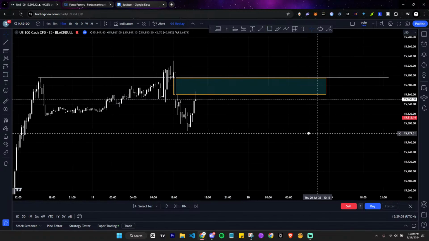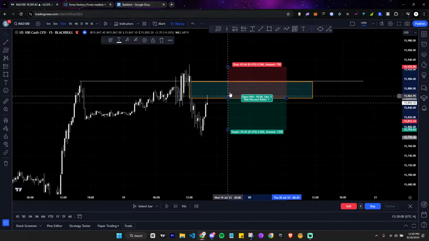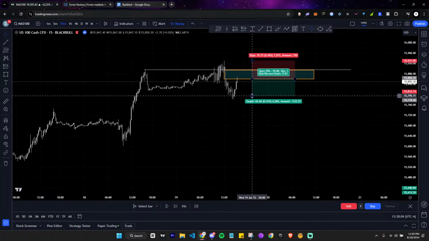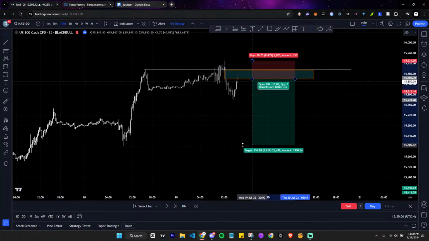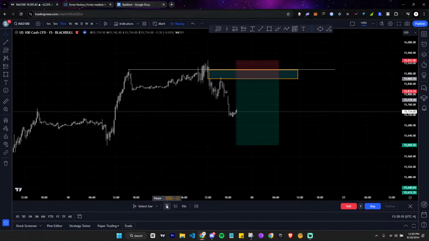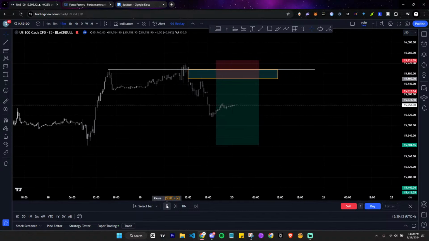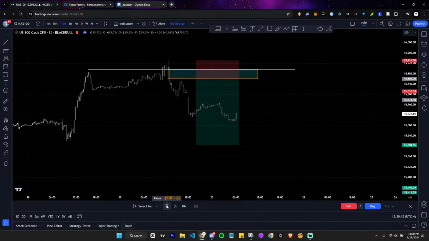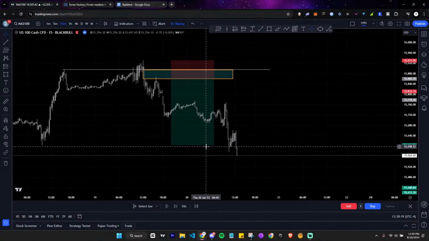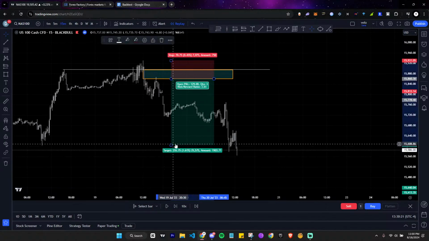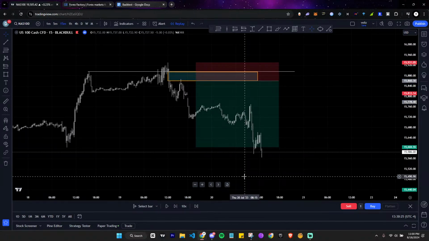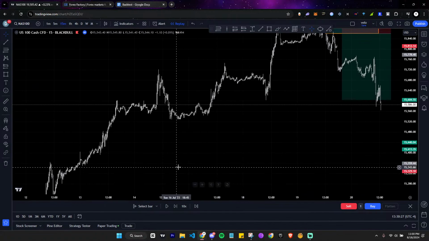So once we tap into it, as you can see, we're triggered in now. Stop loss right here. And let's go for an unrealistic expectation over here, 3.6. TP. As you guys can see, TP right there. It's pretty simple if you think about it.